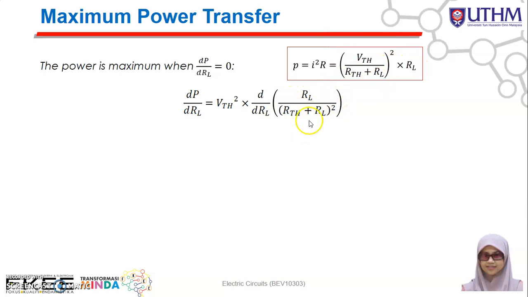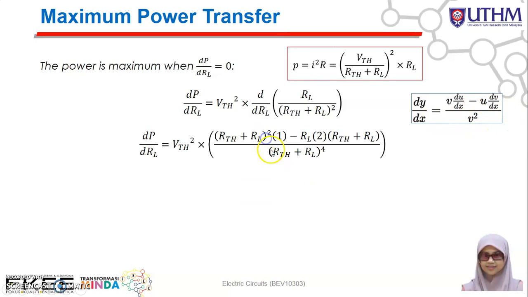How do we differentiate this? You can apply the quotient rule. Here you consider the numerator as U and the denominator as V. Then you use the formula: V du over dx minus U dV over dx, divided by V squared. In this case, V is R Thevenin plus RL, squared, multiplied by du over dx.